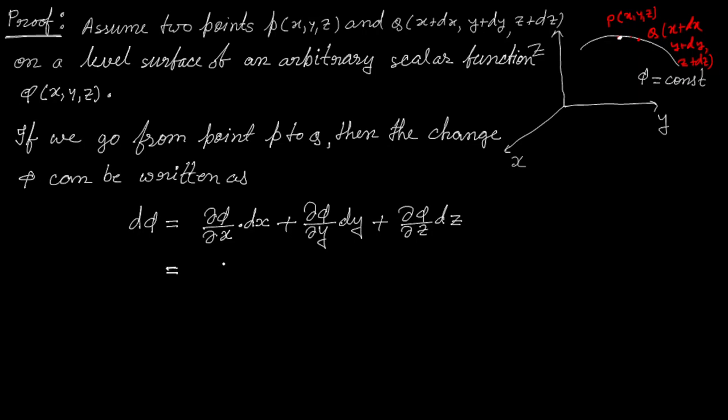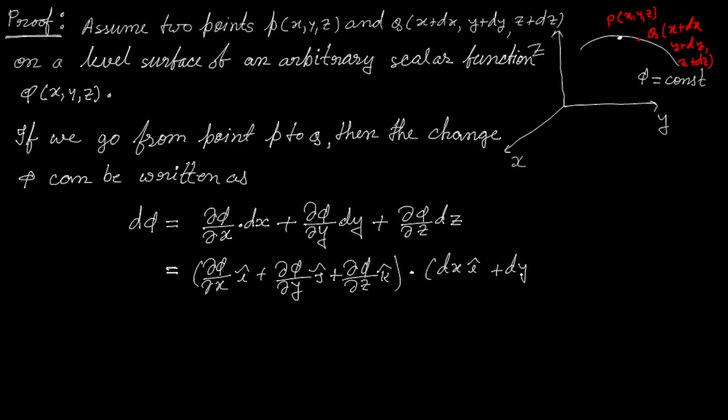If we manipulate this, we can write it in this way: del phi by del x i cap, plus del phi by del y j cap, plus del phi by del z k cap, dot dx i cap, plus dy j cap, plus dz k cap.